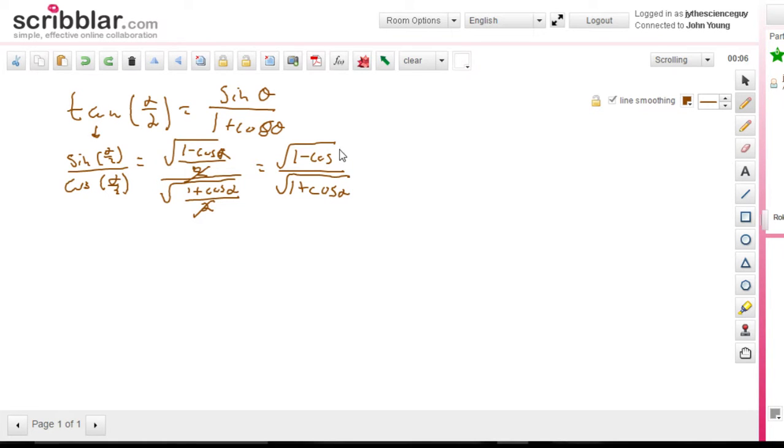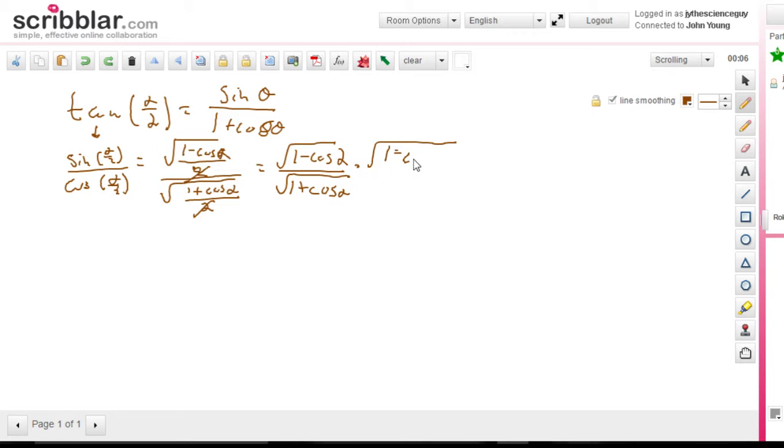So I'll put alpha there and alpha there, just so I keep it straight. This is a radical. So in order to remove the radical, we have to multiply by what's called the conjugate. The conjugate is the exact same thing except for the sign in the middle changes. And I have to multiply by a form of 1, so I'm going to multiply both the top and the bottom by the conjugate.